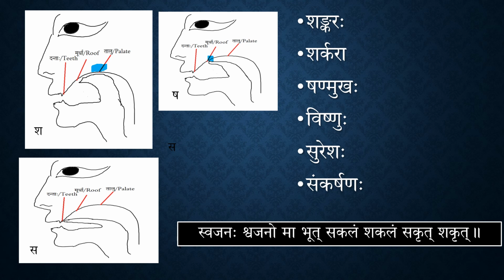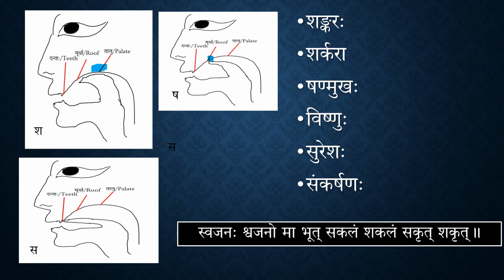So these are some of the examples, which I hope are clear. There is also a famous line, Swajanaha Shwajano Mabhut, Sakalam Shakalam, Sakrit Shakrit, which emphasizes the importance of pronouncing the sounds correctly, otherwise the meaning can vary widely or totally change.